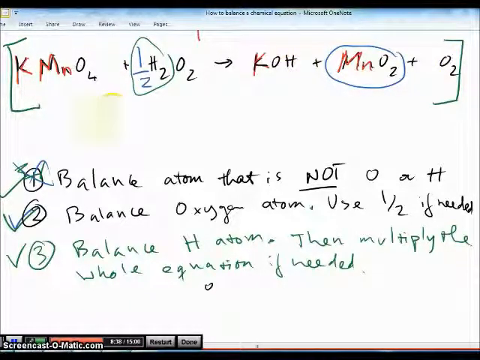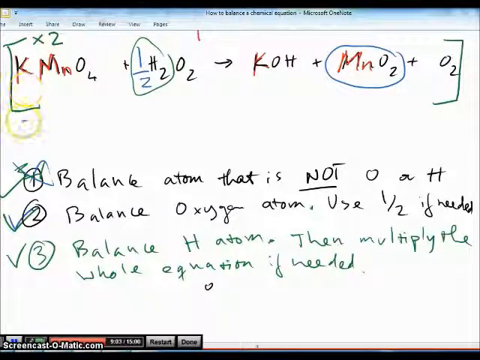Well, what does it mean to multiply an entire equation by 2? Why can't I just multiply this by 2? Well, if you multiply only this part by 2, then you end up with what you started out with. That wouldn't work. You have to multiply the entire thing so that everything will still stay in balance.